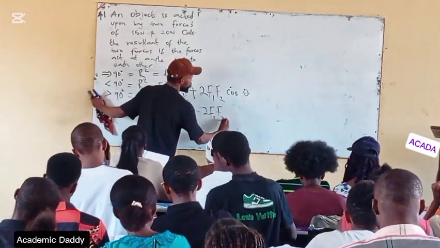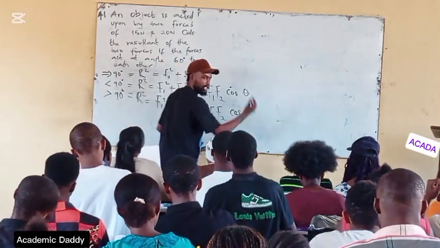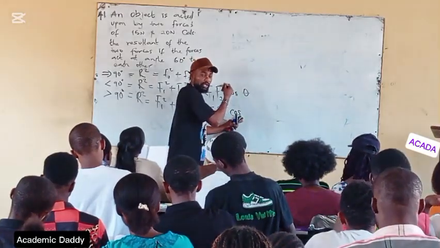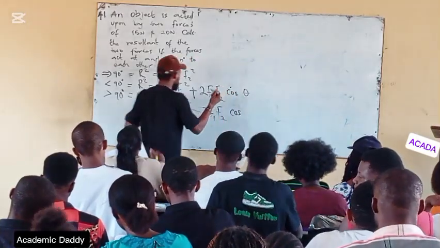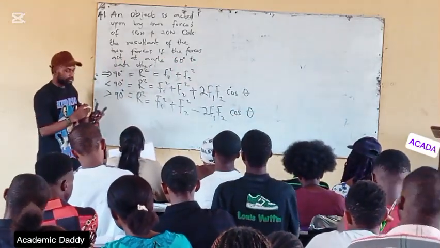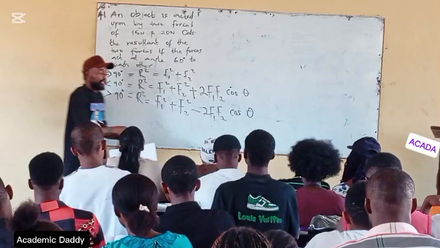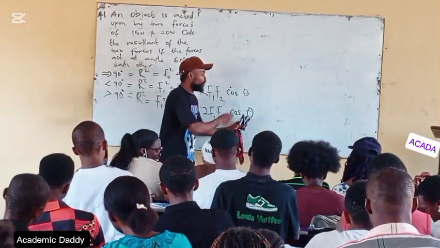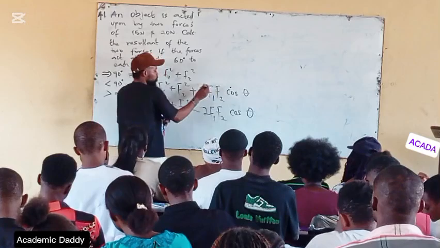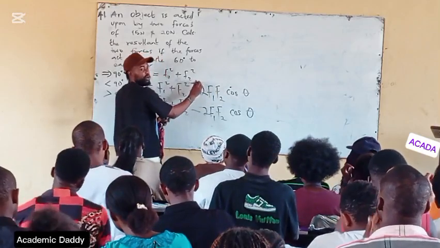2 F1 F2 cos theta. Now see, the angle I'm given is going to be above 90, so I'll say cos theta. Do you know why I'm using cos theta? If you come here and do 180 minus theta, then in this one we want to make use of minus here.